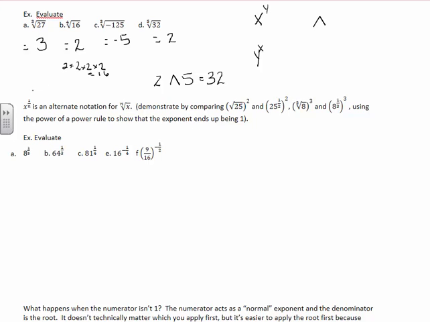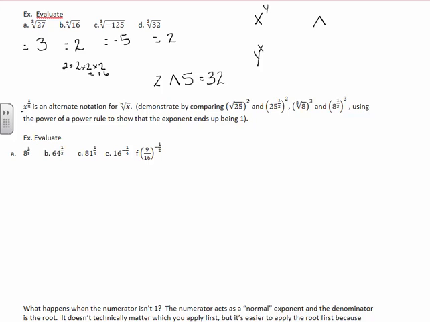All right, so what we're going to look at now is that a base of x to the power of 1 over n is an alternate notation for the nth root of x. So we'll make some sense of this in a second, but here we have the square root of 25 to the power of 2.